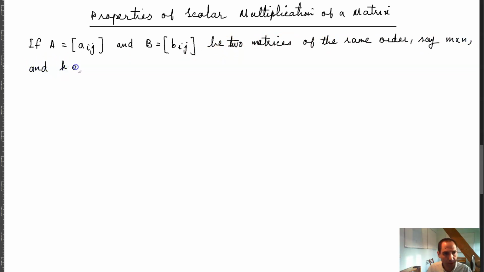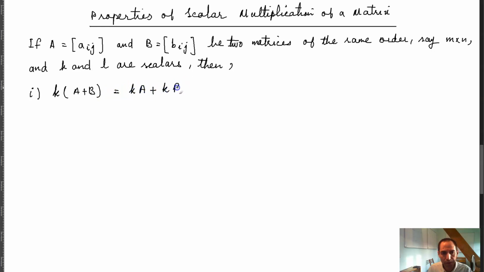Then number 1, k times (A plus B) is equal to k times A plus k times B.